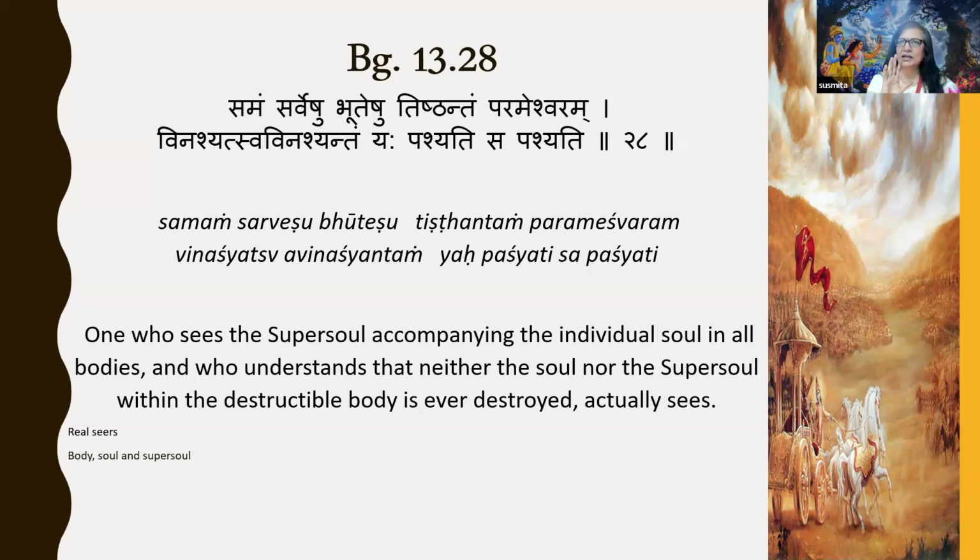Even when the material world is destroyed, it remains there. Pashyati means to see, and someone who sees that is actually realized. That is the meaning of this shlok, right? Next shlok.